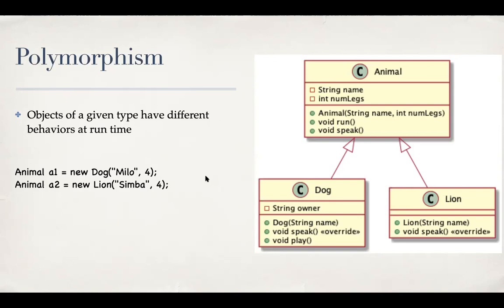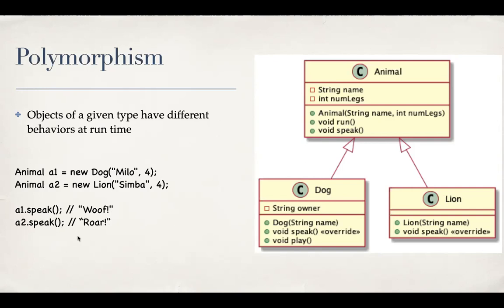Next, let's see what methods we can call on those. So here, if you do a1.speak, it's going to find that the implementation of the speak method was in the dog class, which is the actual dynamic type of A1, and it prints woof.